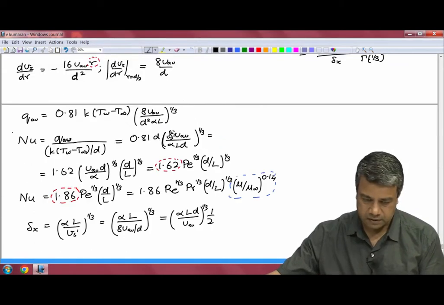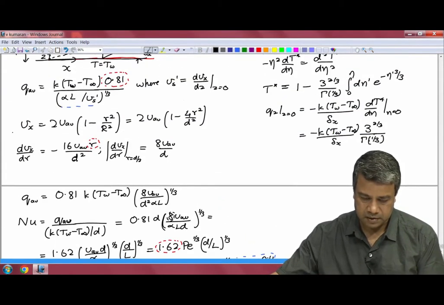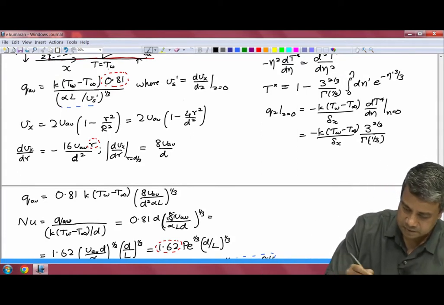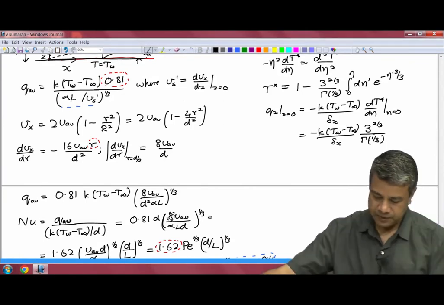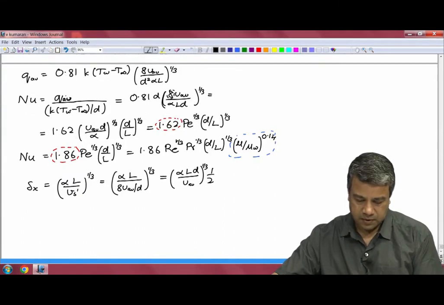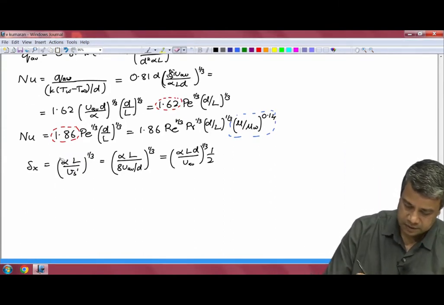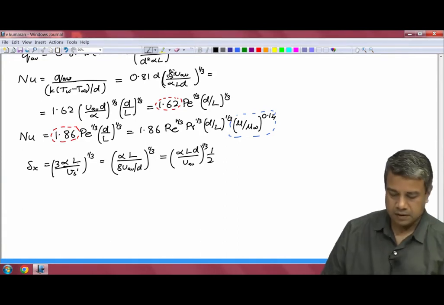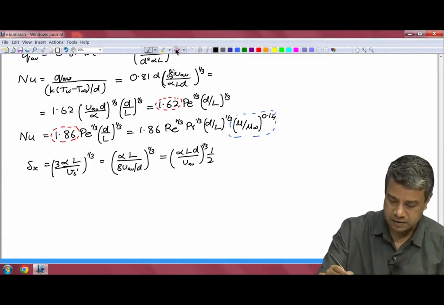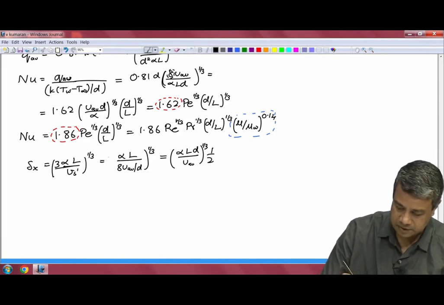I have missed a factor of 3 here in the boundary layer thickness. Kindly go back and check the calculation that we had done for the boundary layer thickness.